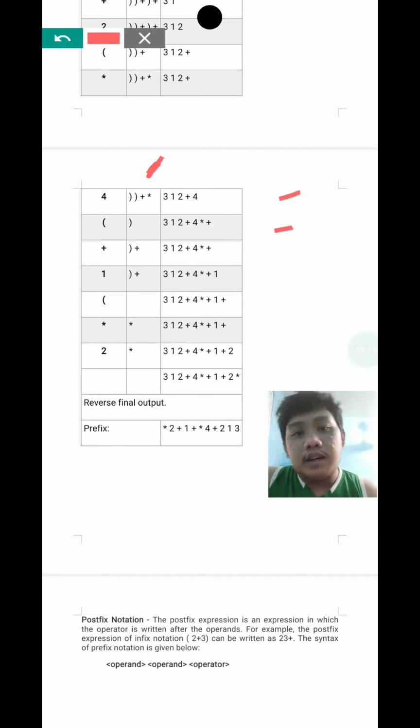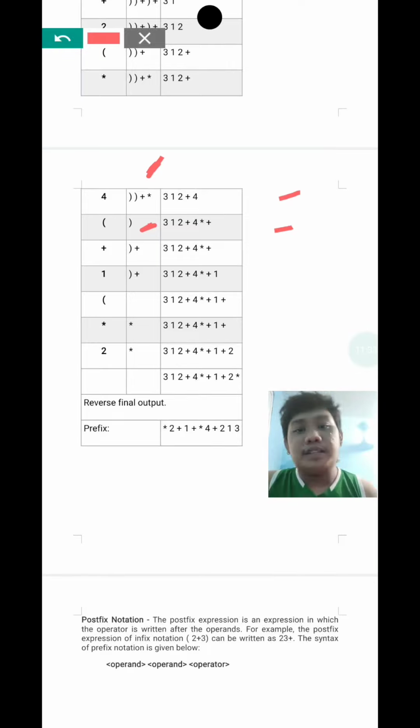So our asterisk and plus symbol are appended to our output, and both the opening parenthesis and the closing parenthesis will be popped from the stack. So what is left in our stack now is the closing parenthesis, and our output is 312 plus 4 asterisk plus, or times plus, appended.